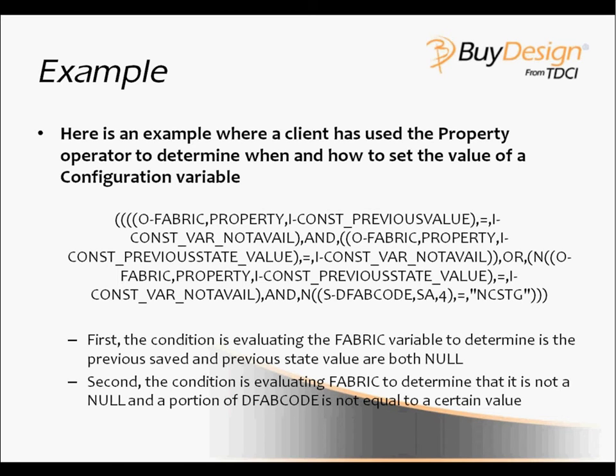First, it has a condition that evaluates my variable fabric, to determine if the previous saved or the previous state value are both equal to both or to no. The second thing it's going to do is evaluate fabric again to determine if the previous state value is not null, and if a portion of the variable dfab code is equal to a certain value. Once it does this evaluation, it's going to determine how to dynamically set or reset a variable.